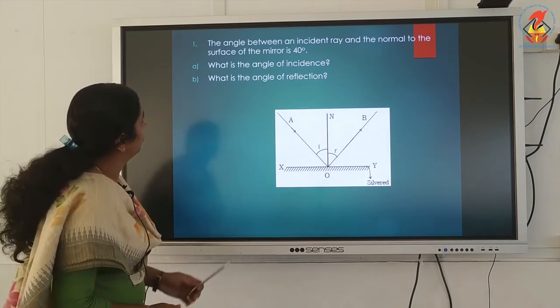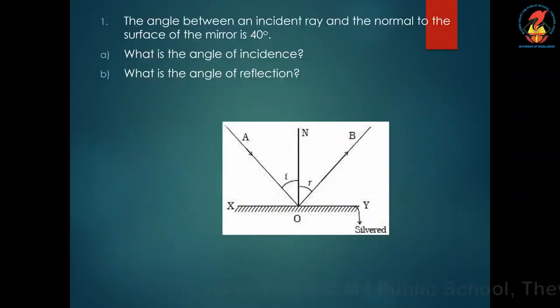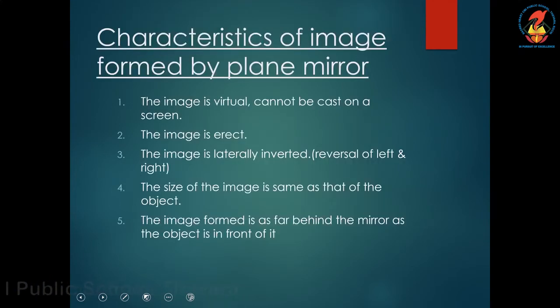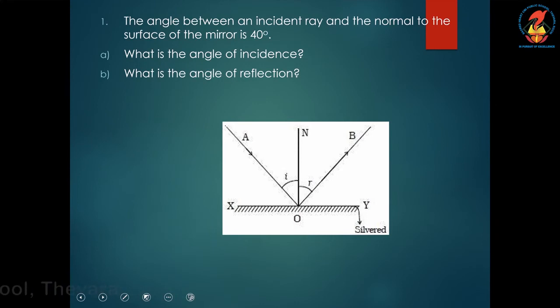Now, one question is there. The angle between the incident ray and the normal to the surface is 40 degrees. What is the angle of reflection and angle of incidence?